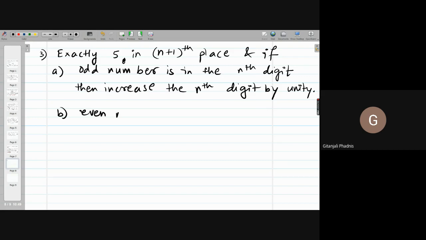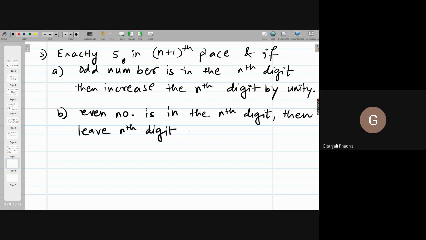If an even number is in the nth digit, then leave the nth digit unaltered.